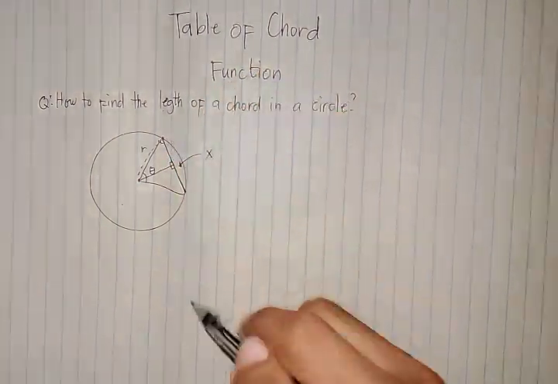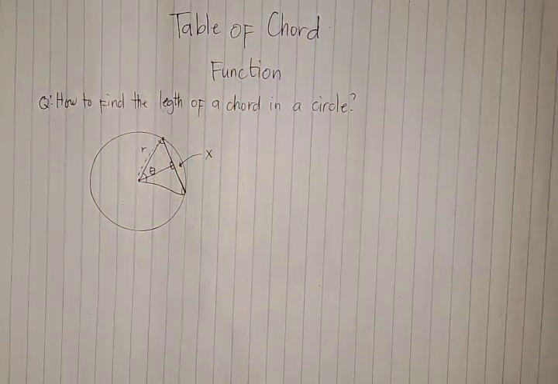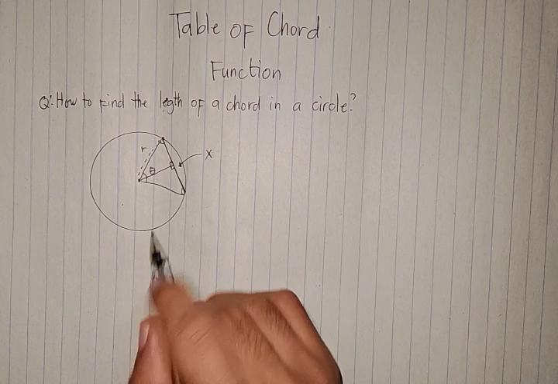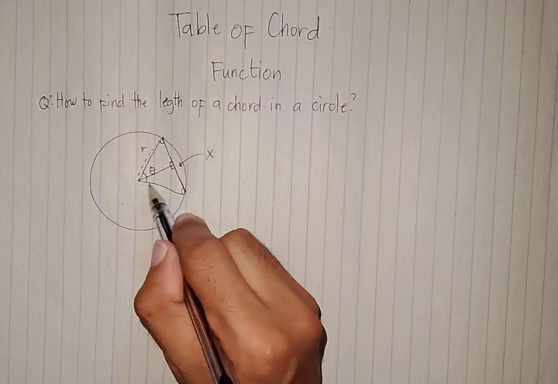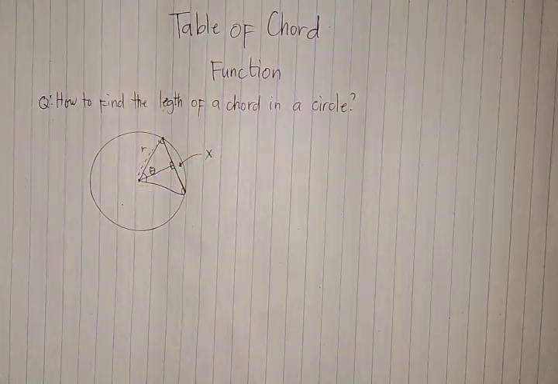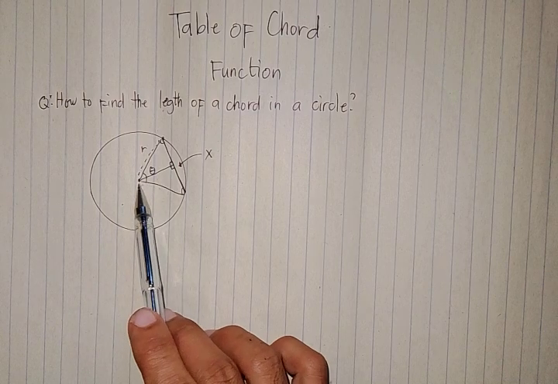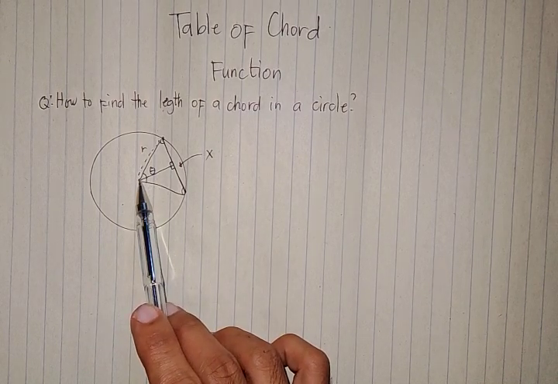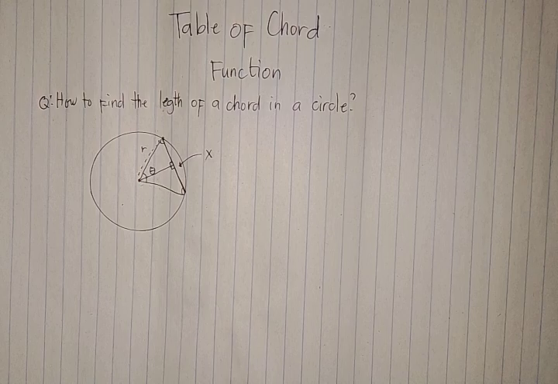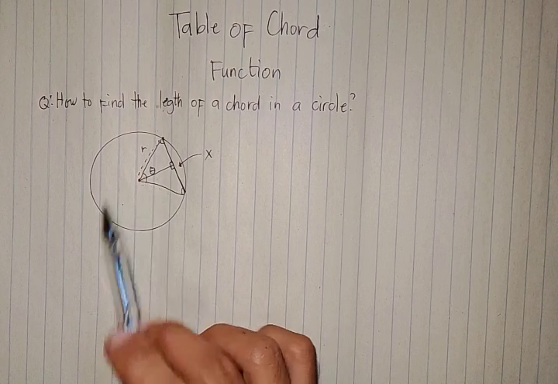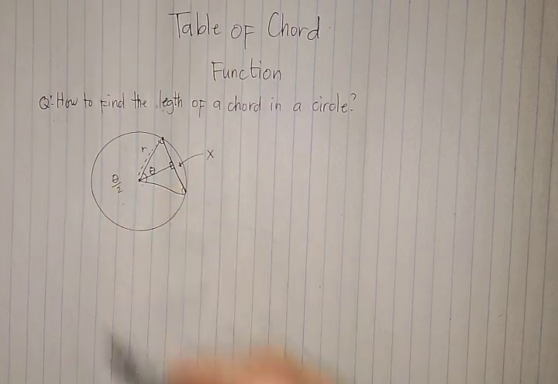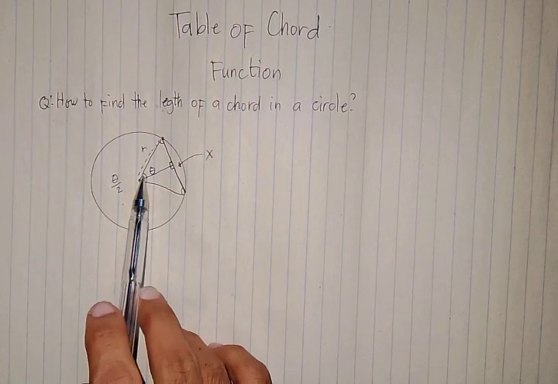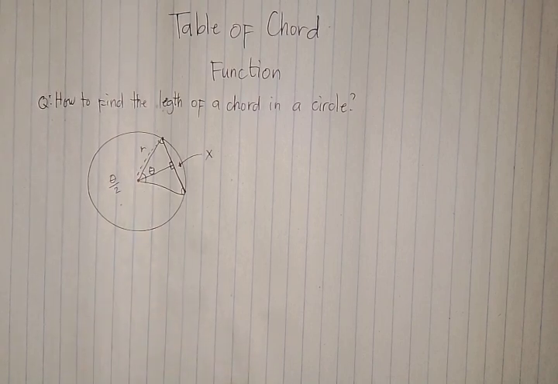This angle here is also congruent to this angle, and the radius is also congruent to this radius here because they are in one circle. Then you also notice the theta here is halved, so it can be represented as theta over 2, half of theta. They are congruent to each other.